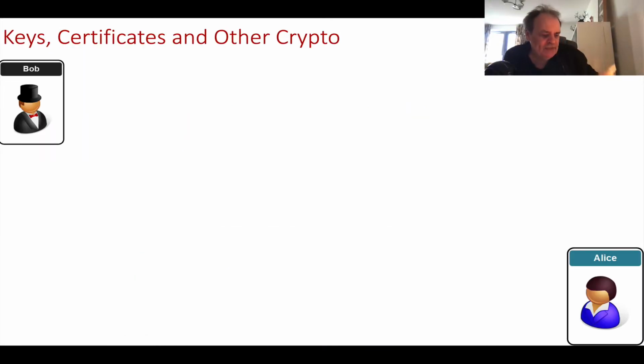Okay, so generally we have a key pair. Say if we're using public key encryption, we have a private key and we have a public key.